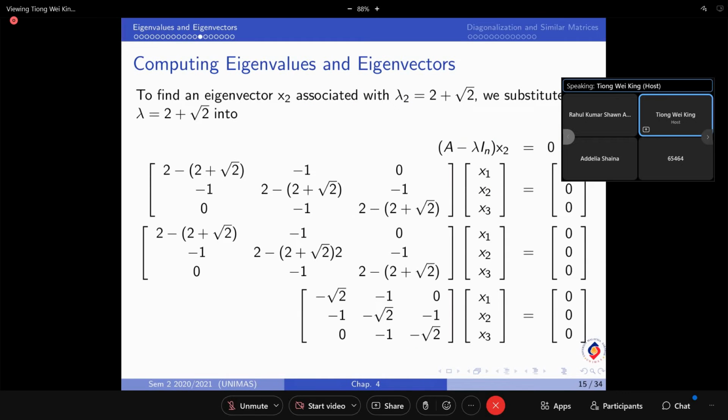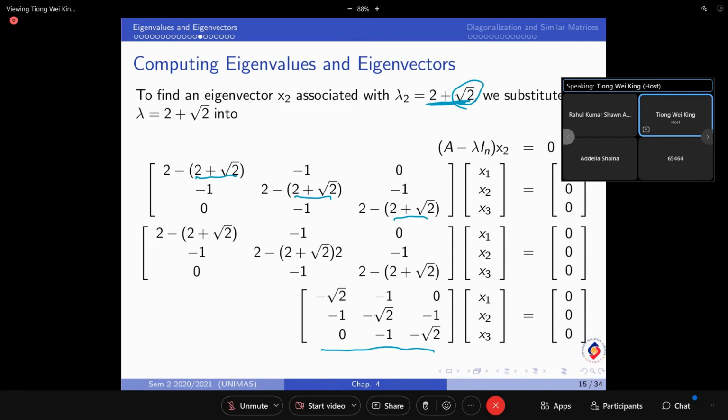Next you do the same thing for the second eigenvalue, 2 plus root 2. Now because there is a root 2 here, it makes our calculation a little bit complicated. You just substitute lambda equals to 2 plus root 2. Simplify, you will get this.